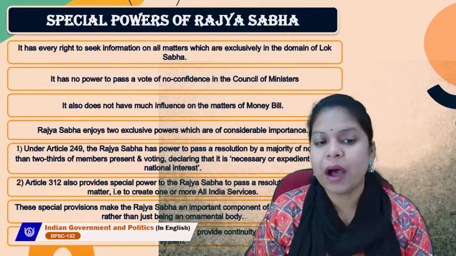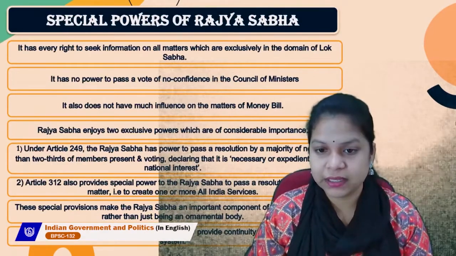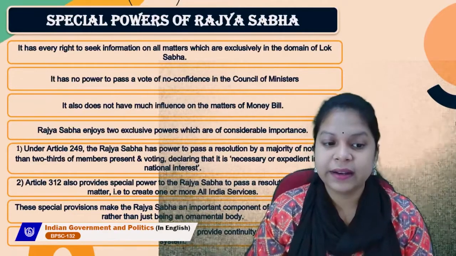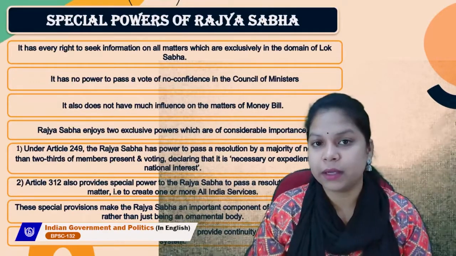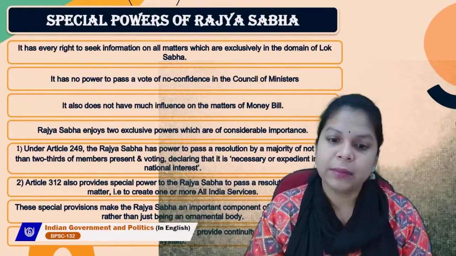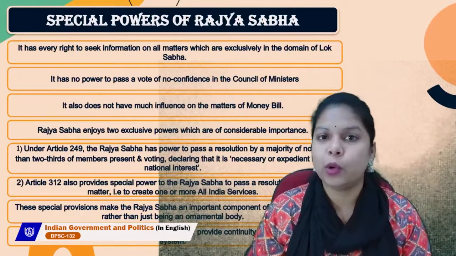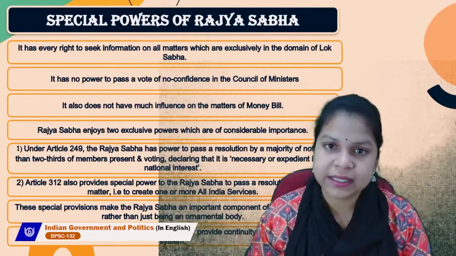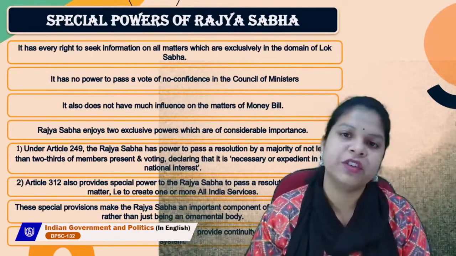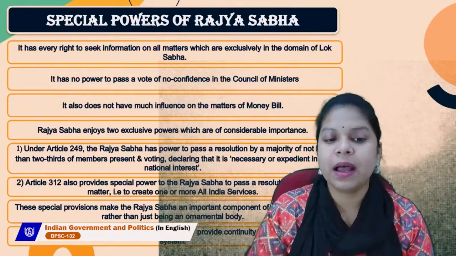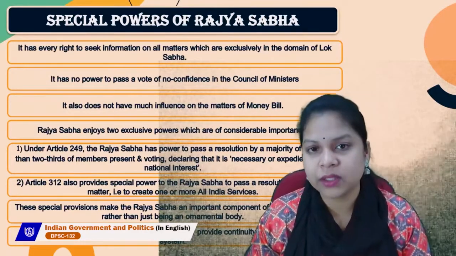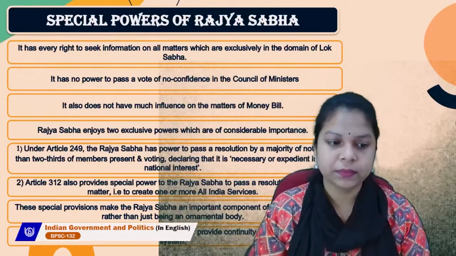Also, it has no power to pass a vote of confidence in the Council of Ministers. It does not have much influence on the matters of the money bill. So, in matters of money bills, it is the Lok Sabha which discusses it. Rajya Sabha has not that much influence on the matters of the money bill.